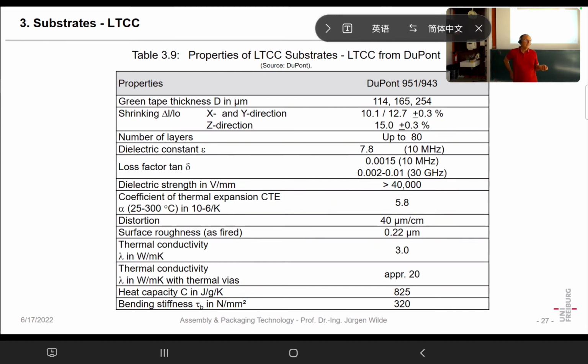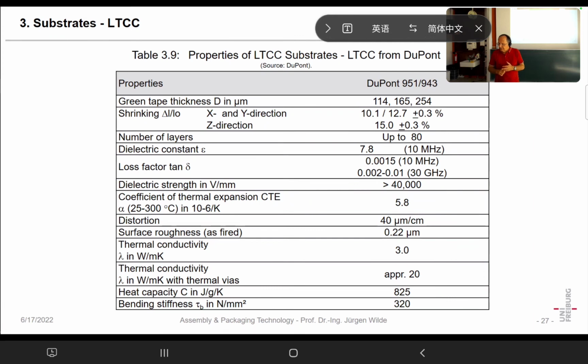So what you can do is, for instance, you can specify a material and produce it, which is having a low permittivity, having what is still more important, a low dissipation factor. Again, here 0.2% or 2 promille at 30 gigahertz. That's quite a good property for high frequency application.